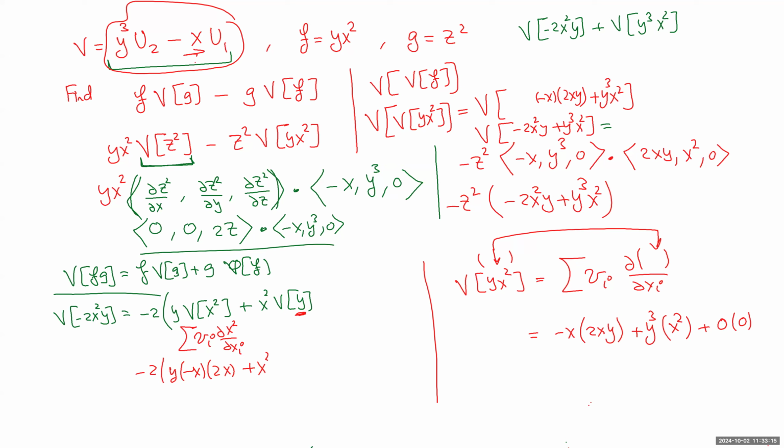And here again, the only thing you count is what is next to u2, so it's the derivative of this, which is 1, times y cubed. So it's going to be like that. The other one is the same thing.